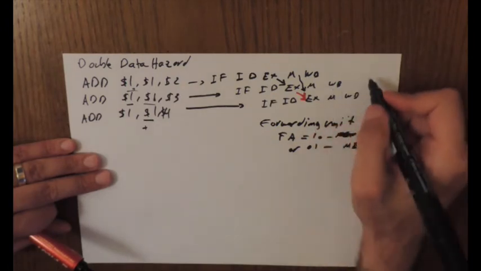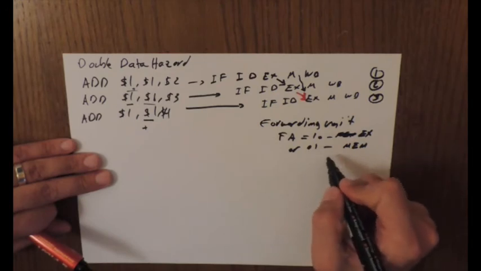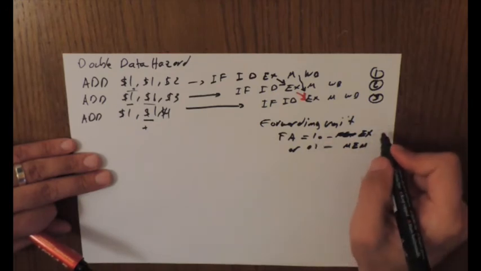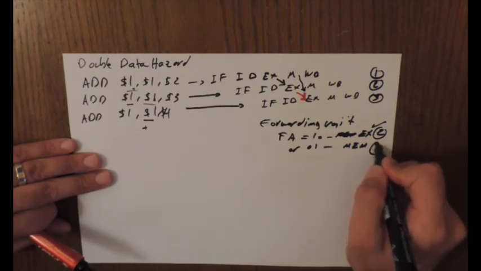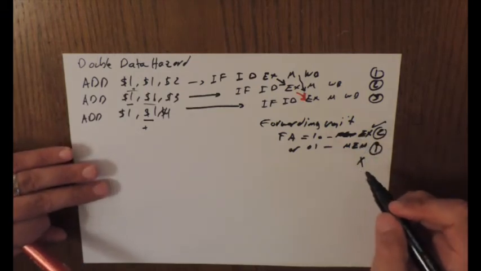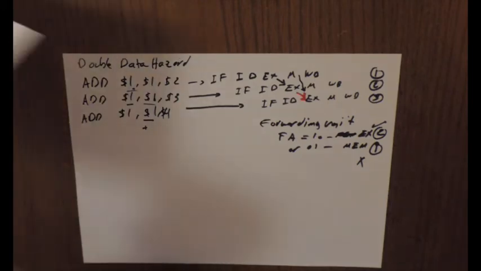So if I label this 1, 2, 3, FA is 10 from the execute, this is from 2, which is the correct answer, and this is from 1, which is the wrong answer. However, our condition does not note this, so we need to modify those conditions to make them better.